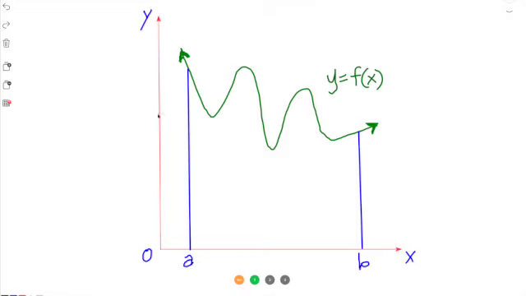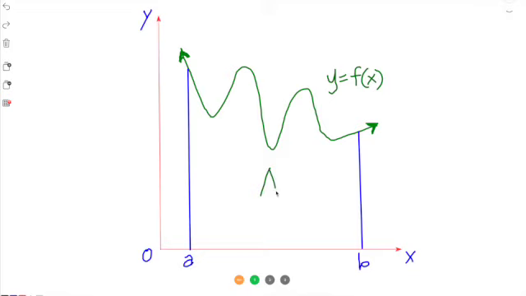And we can see we have here the x and y axis, and a region bounded by lines a, b, the positive x-axis, and the curve, or basically the area under our curve. So let's call that area A.